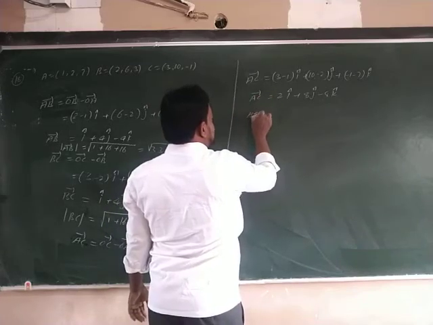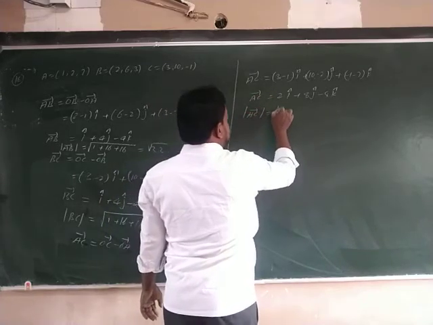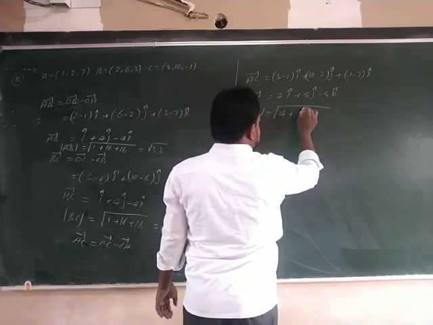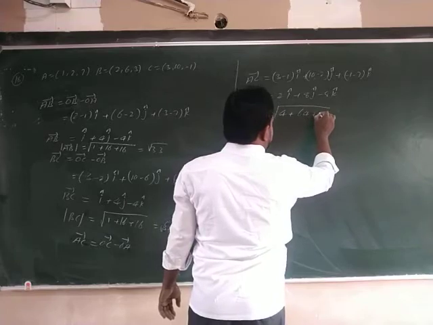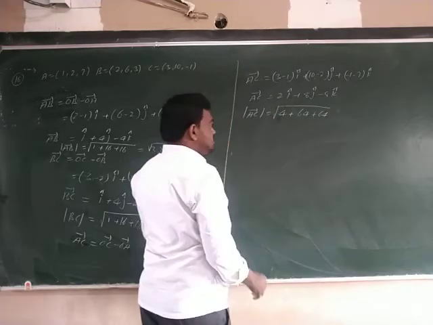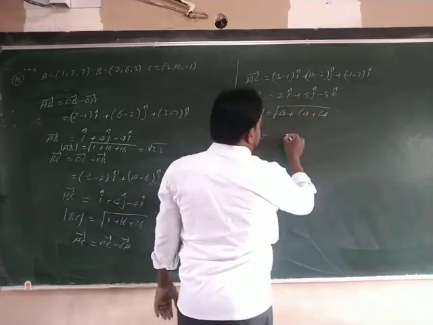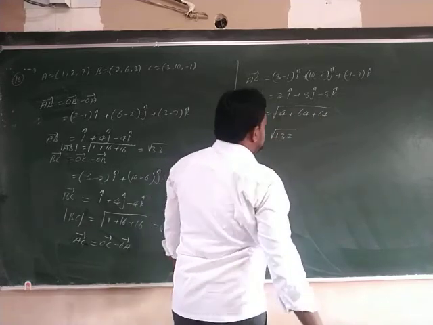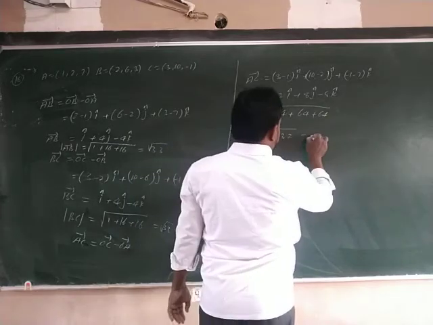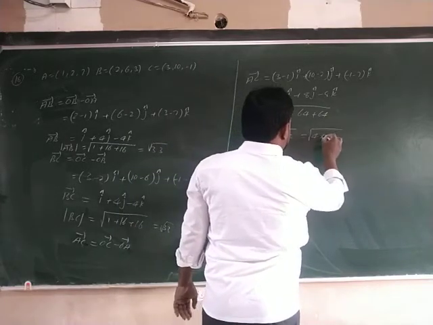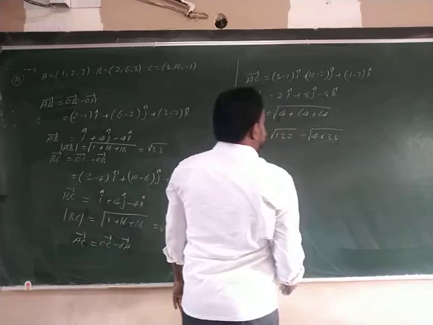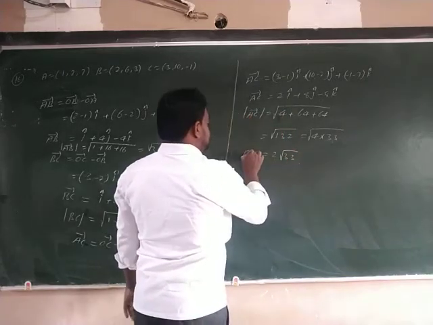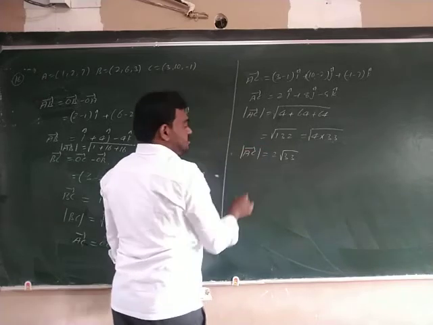Magnitude of vector AC is equal to 2 square 4, 8 square 64 plus 8 square 64, and this is equal to 132. So this one we can write as 4 into 33. So 2 root of 33, which is the magnitude of AC.